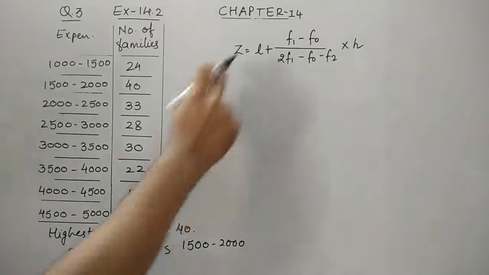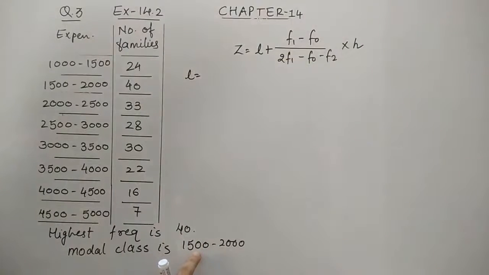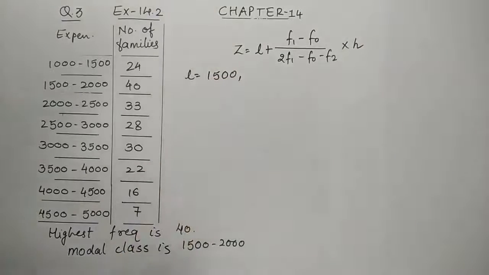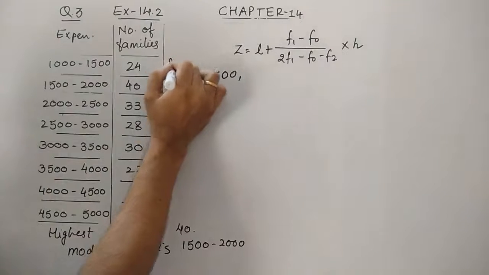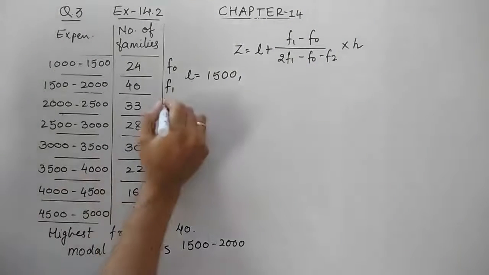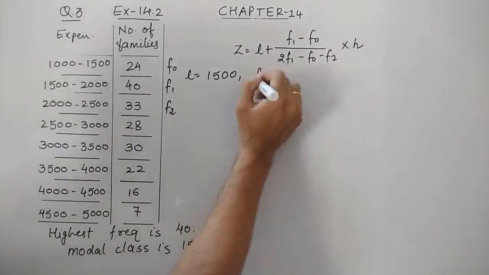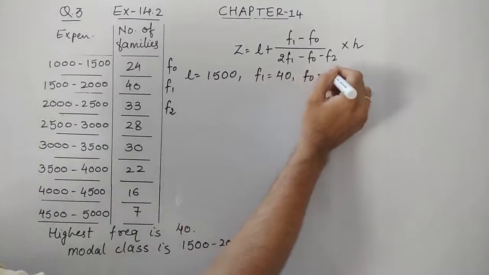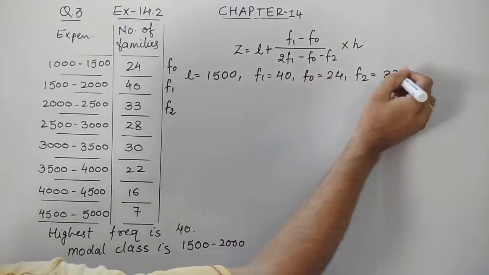Now let's go for all these values. L is the lower limit or lower boundary of the modal class, that is 1500. As it is the highest, it is F1, the preceding is F0 and the succeeding is F2. So let us write down all these values. F1 is 40, F0 is 24, F2 is 33.